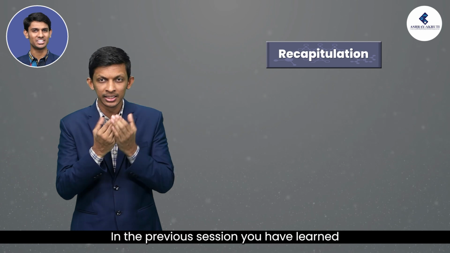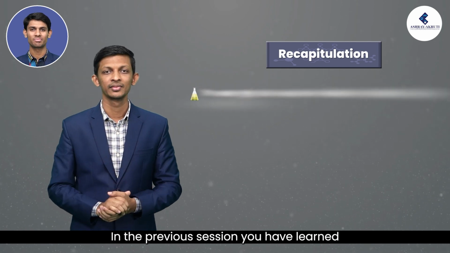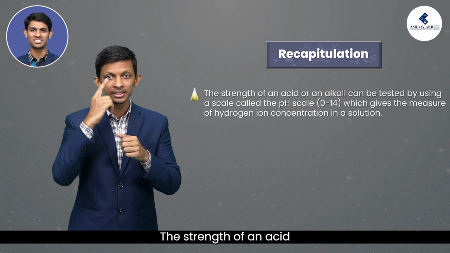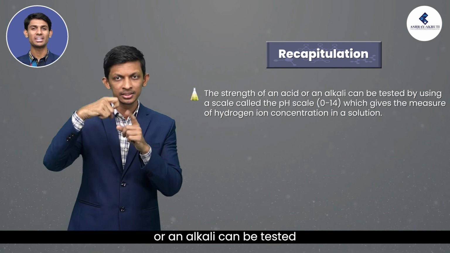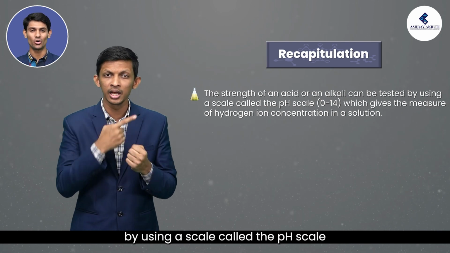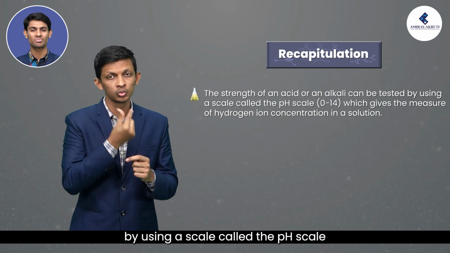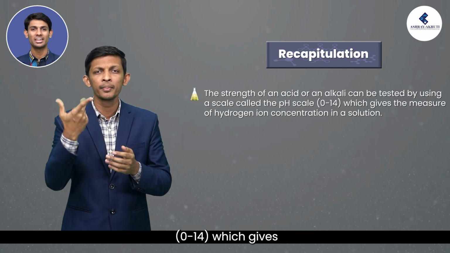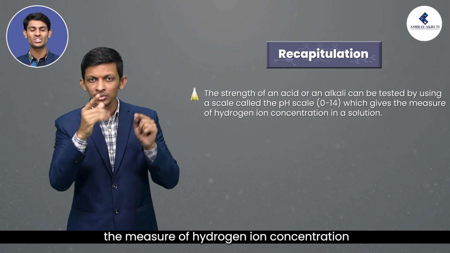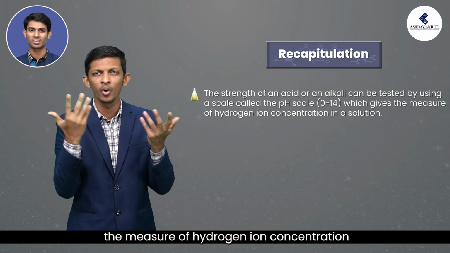In the previous session, you've learned the strength of an acid or an alkali can be tested by using a scale called the pH scale, 0 to 14, which gives the measure of hydrogen ion concentration in a solution.